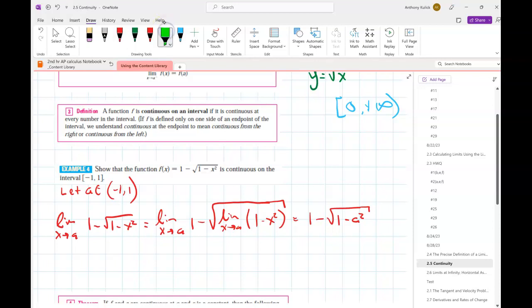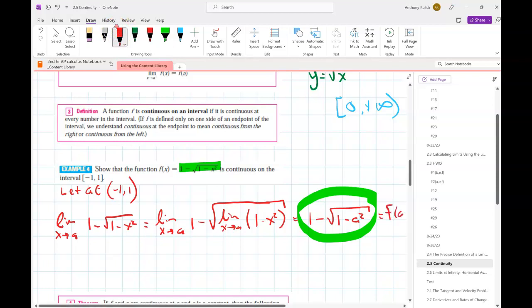What do you notice about this? It's the same thing, just with an A plugged in, right? What does that mean? It's just f of A, right? All I did was plug A in. Well, we still have to check where A equals -1 and A equals +1. We have to check the endpoints also for continuity.